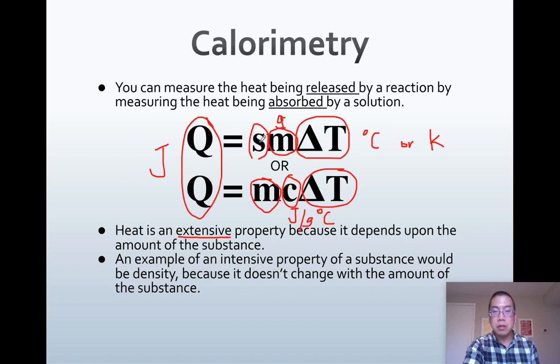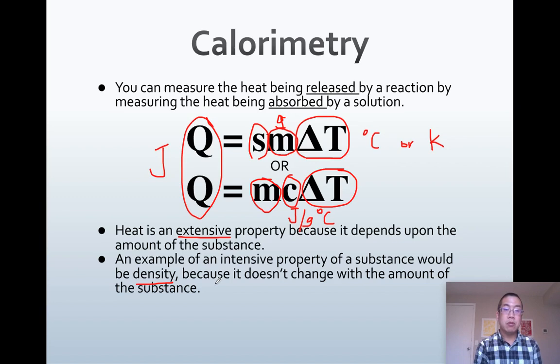Specific heat capacity over here, the S or the C, stays the same. It doesn't depend on how much of the substance I have. And so it would be an intensive property. Just like density, density doesn't change depending on how much I have. The density of water, whether I have a little bit of water or a lot of water at room temperature, could be like 1 gram per milliliter.